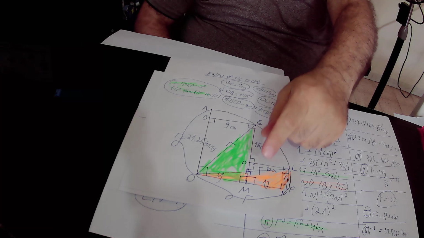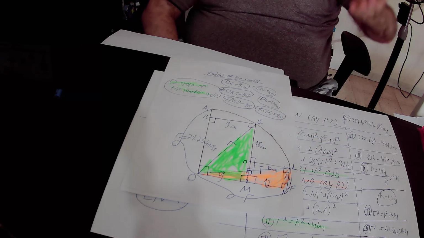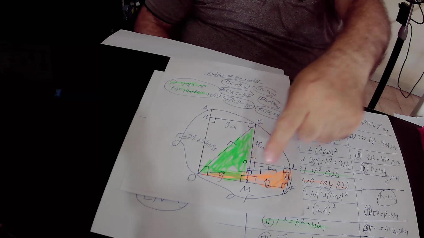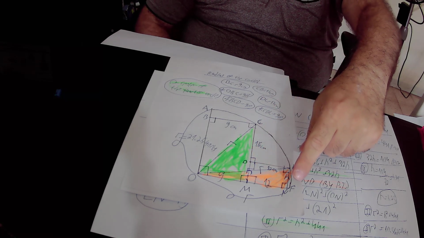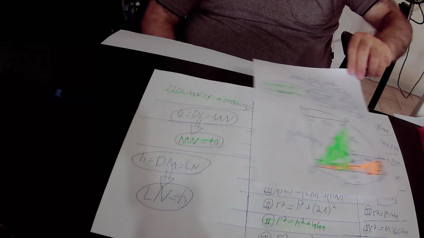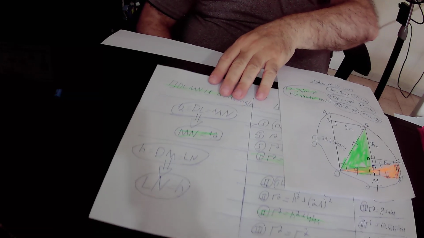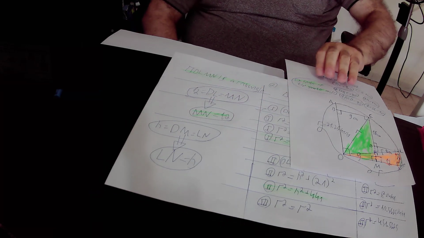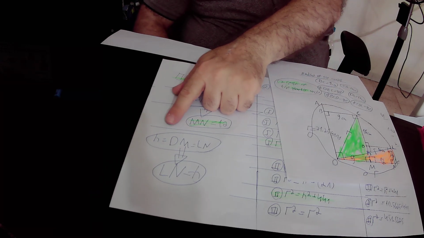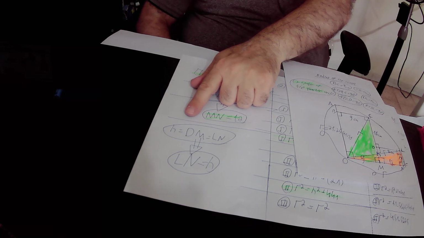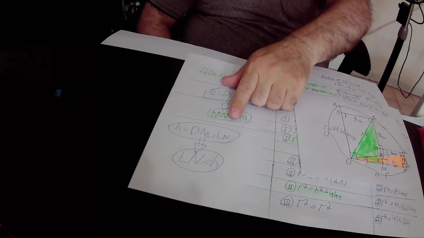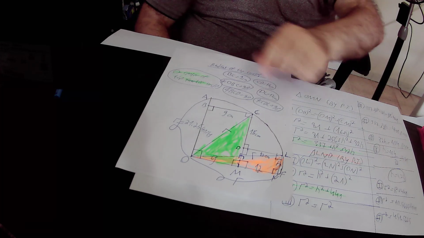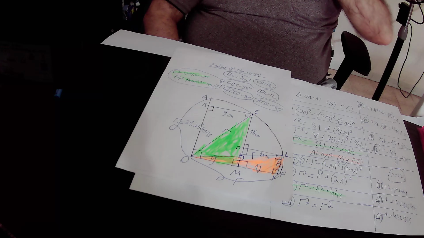Then we define side DM as h, and according to the same rule that the opposite sides of a rectangle are equal to each other, DM equals LN. But according to our definition, DM equals h. So from h equals DM equals LN, we derive that LN is also equal to h.